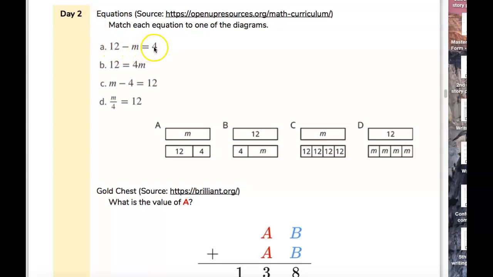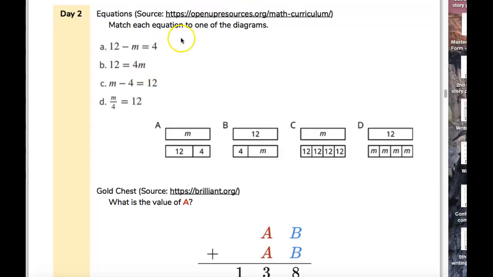12 minus m equals 4. Okay, one way you can look at this, so you might be able to see it clearer, is if we add m to each side. If we were to add m to each side, then we would get 12 by itself.